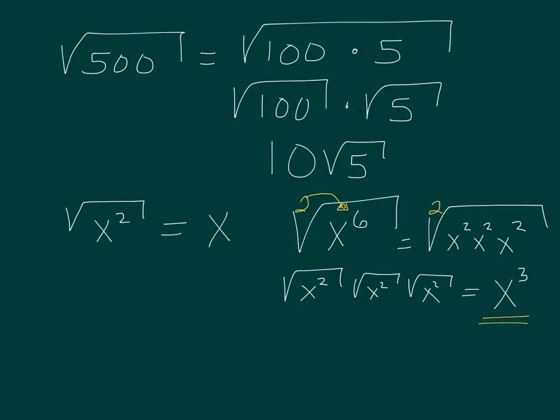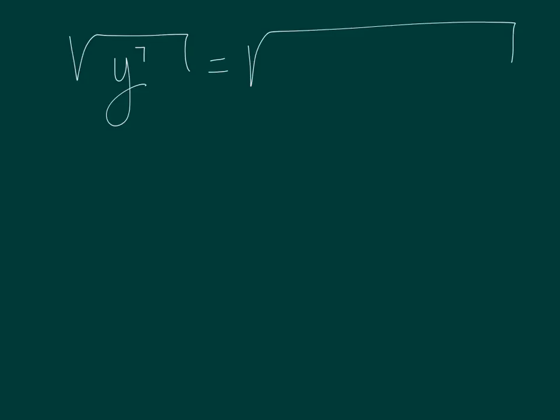So what happens if it's not an even number? What if I have the square root of y to the 7th? Well, that would be y squared, y squared, y squared. That's 6 y's, and one more would give me 7 y's.